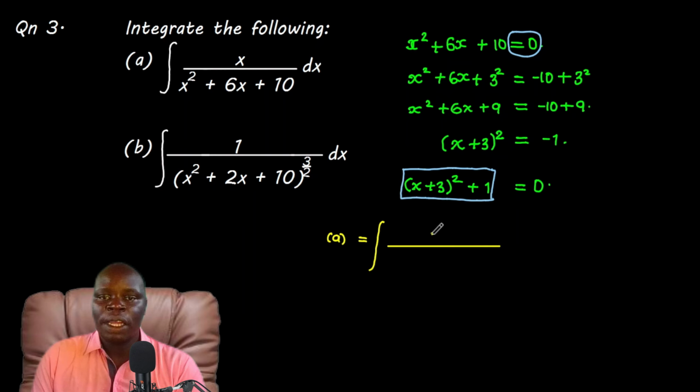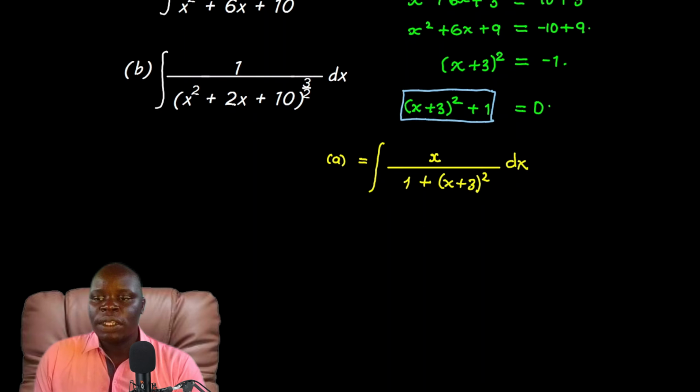Let's have x, and from the denominator we now copy this in place of x squared plus 6x plus 10. So let me swap it, starting with 1 plus (x plus 3) squared, and we're integrating with respect to x.